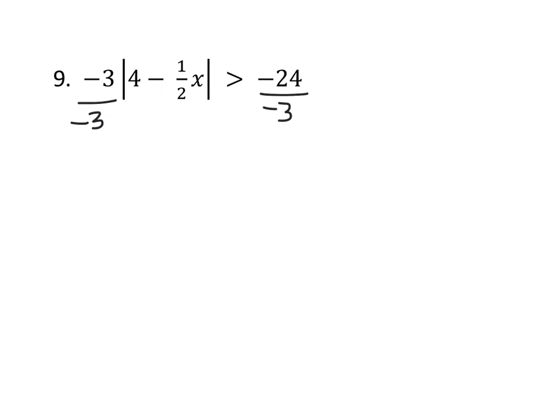And if you remember the rules of dividing on an inequality problem, whenever you divide by a negative number, the inequality symbol flips to the other side. So not only are we dividing both sides by -3, the inequality symbol is going to flip when I rewrite my expression. All right, so now I have 4 minus 1/2 x is less than 8.